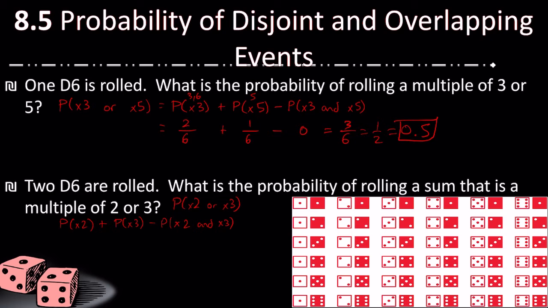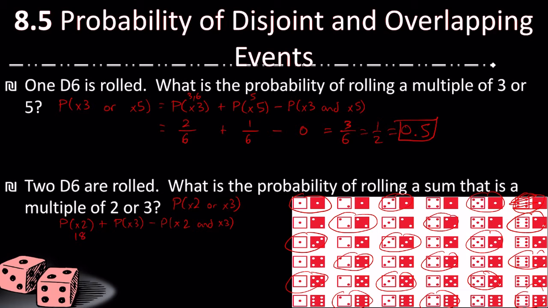All right, multiples of 2. There's 1, 2, 3, 4, 5, 6, 7, 8, 9, 10, 11, 12, 13, 14, 15, 16, 17, 18.